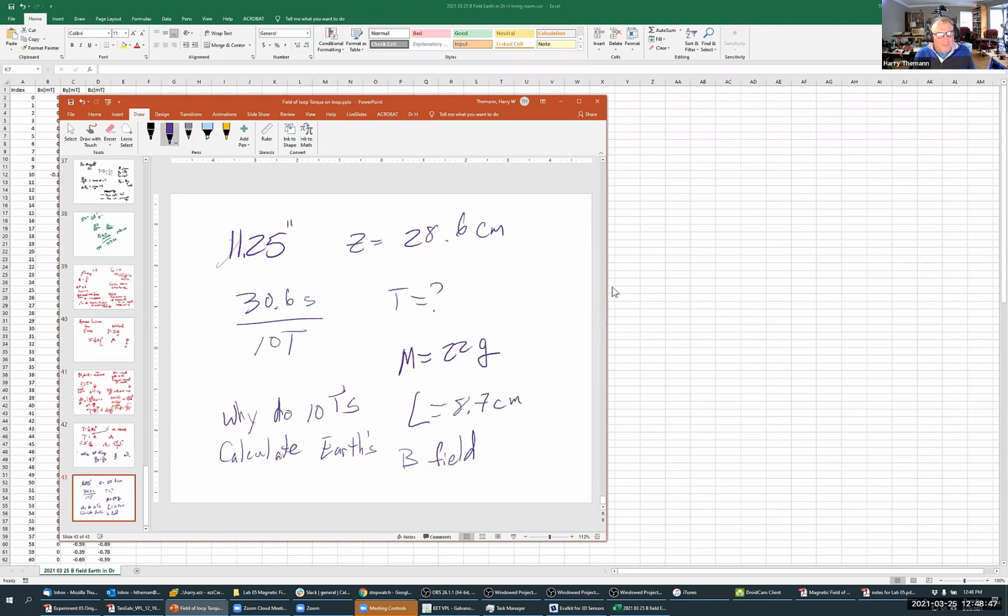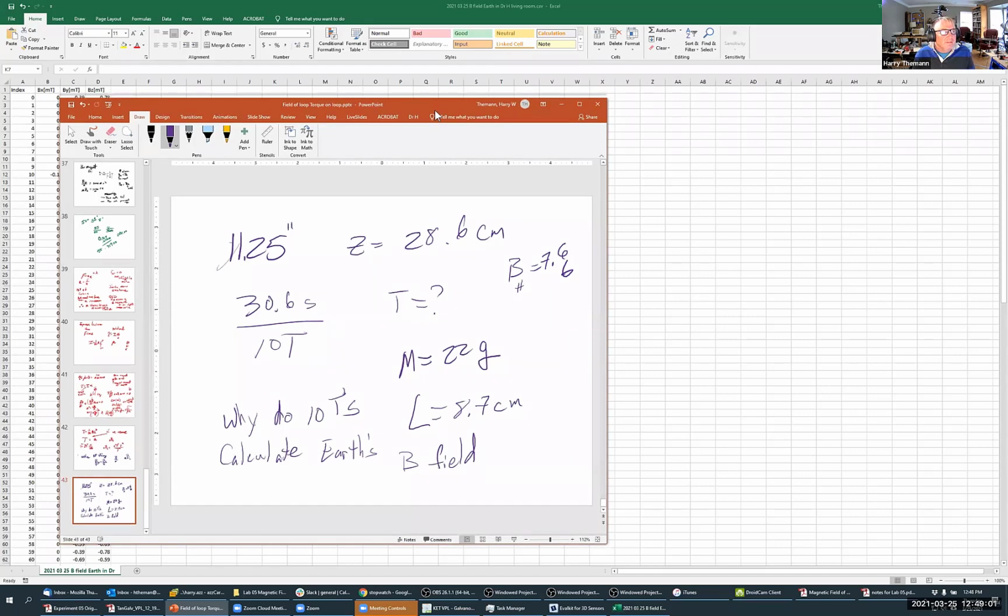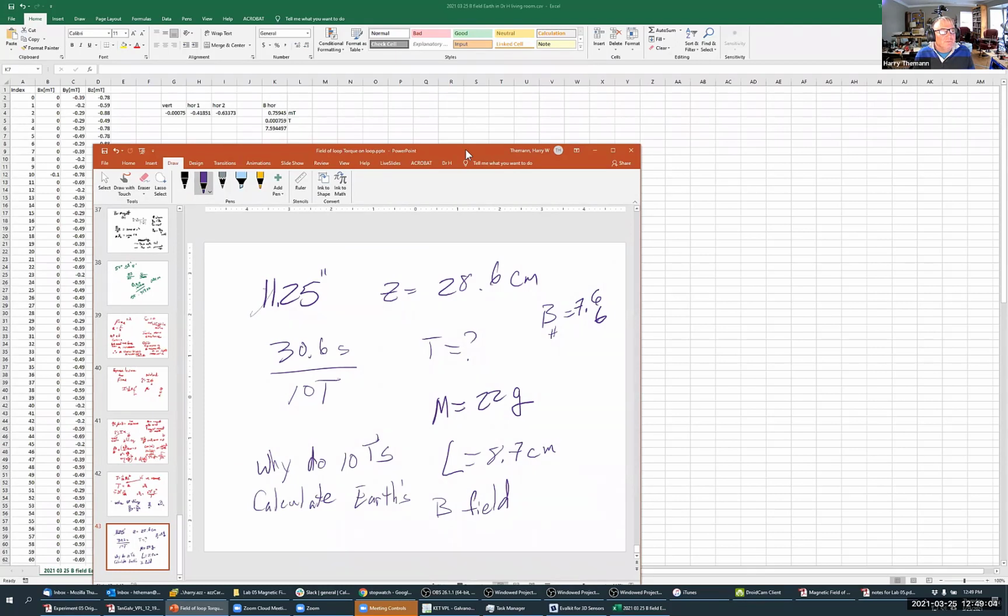And we measured a B horizontal with the detector of 7.6 Gauss, or 0.76 times 10 to the minus 3 Tesla, because you're going to get this T is period, got to be careful, and that's in seconds.